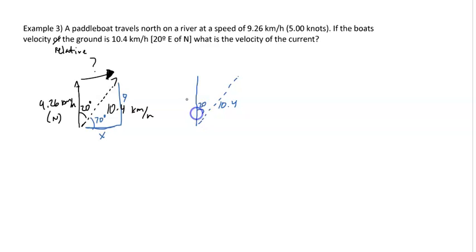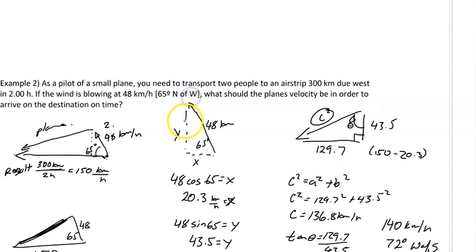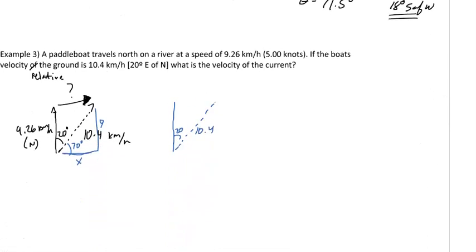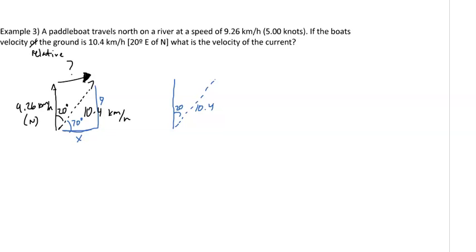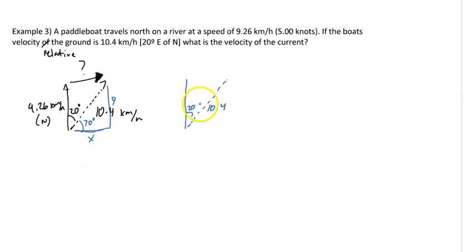This will be our y component, and this will be our x component. Our x component is going to be 10.4 sine 20, and our y component is going to be 10.4 cos 20.